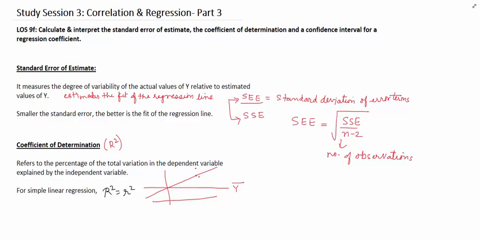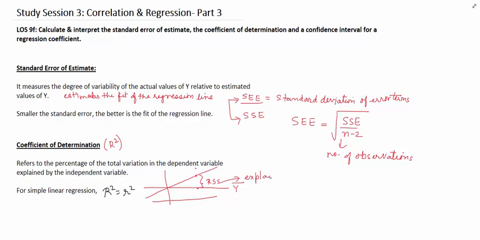Now regression explains the variation of the dependent variable. Variation means the difference between the predicted value and the mean value. So this is basically RSS.